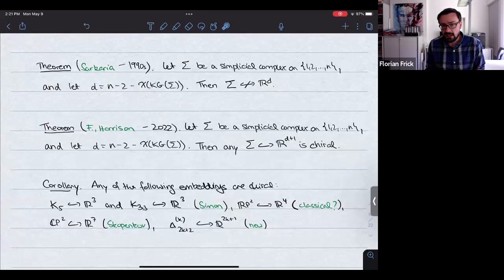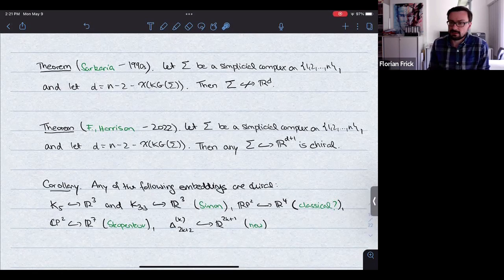CP2 in R7 is chiral. This is known because Arkady Skopenkov completely classified embeddings of CP2 into R7 up to ambient isotopy. You get a chiral version of the Van Kampen-Flores theorem. This seems to be new. And these things you get as corollaries.